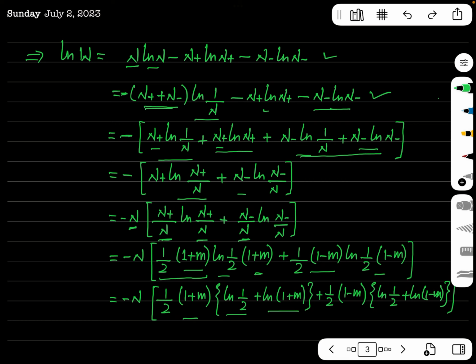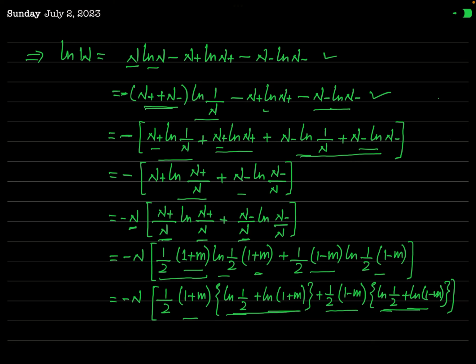And similarly in the second term you can write 1 by 2 times 1 minus m, and log 1 by 2 plus log 1 minus m. Now we will multiply by the factor 1 by 2 times 1 plus m to the two terms inside this curly bracket, and also in the second term we will do the same thing.